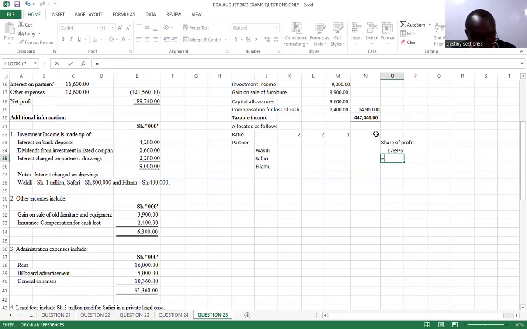This one, we do the same. You can decide to copy the formula, or you just do manually the way I'm doing. The last one is equal to, open the brackets, this, divide by this, close the brackets.